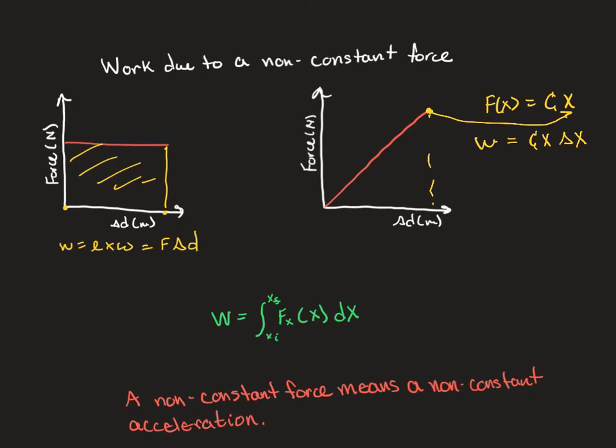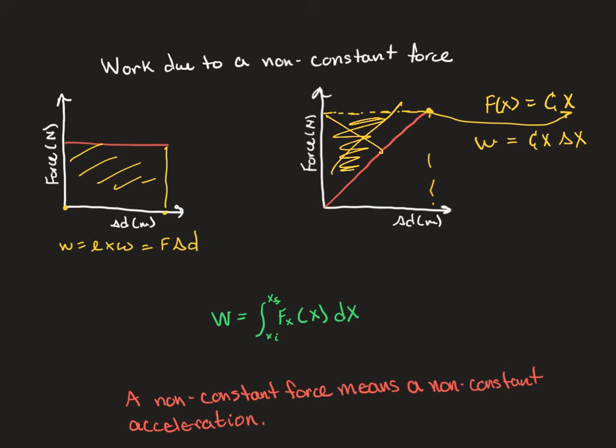But the problem is that then assumes that the force is that value the entire time, but you can see that it's not, because the force is this value when you're at this position, it's this value when you're at this position, this value when you're at this position, etc. So you have to take into account the fact that all this work here is not done. So it's not a rectangle, it's a triangle.